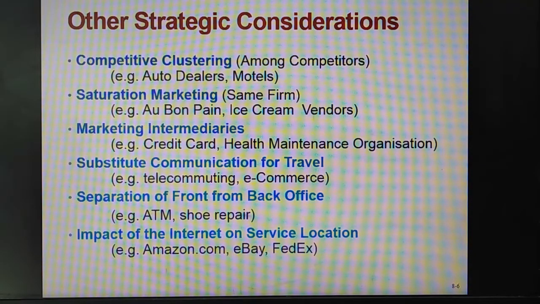For example, Amazon doesn't directly sell a book from any particular outlet, but it offers a very good service, fast and efficient, on the internet platform, in which people can easily locate and buy the book, and can get the book within, for example, 10 or 12 days from the point of order. So those are some of the other 6 strategic considerations in locating the best place for your business.